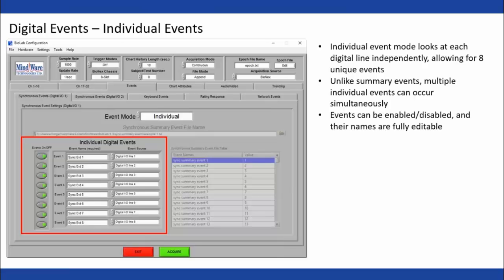The big downside is that instead of having 255 unique event representations available to you, you only have 8. So it really depends on the needs of the particular study that you're running as to which of these makes most sense to use. But typically, when people are using E-Prime or some stimulus presentation package, they're using summary events.